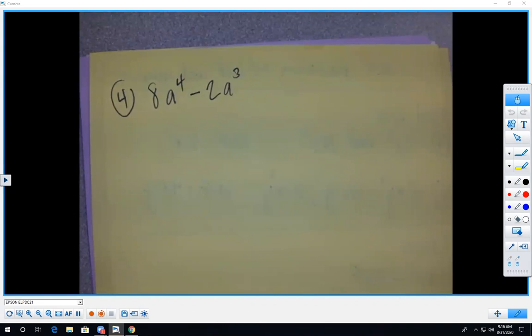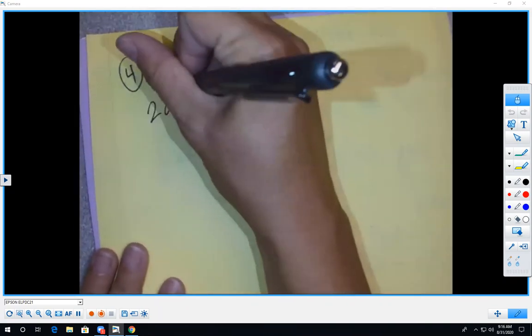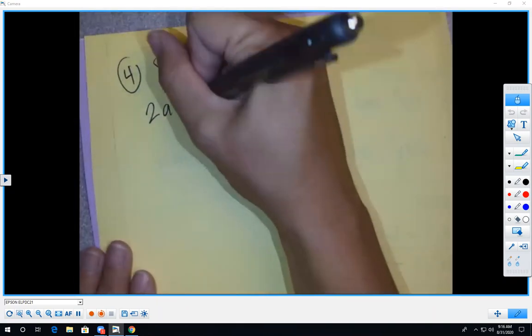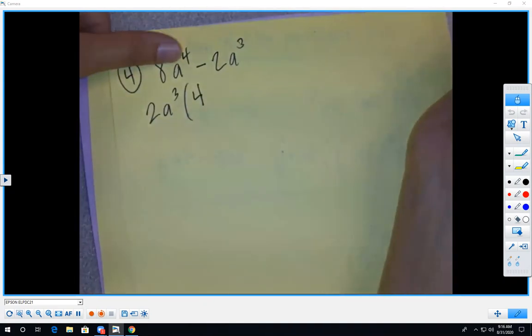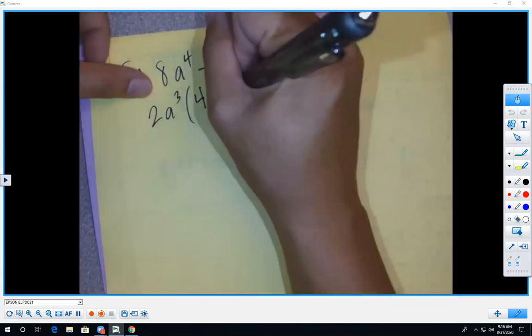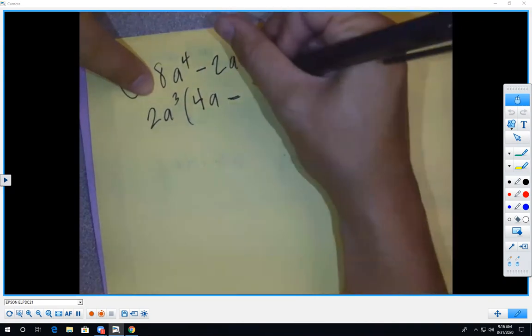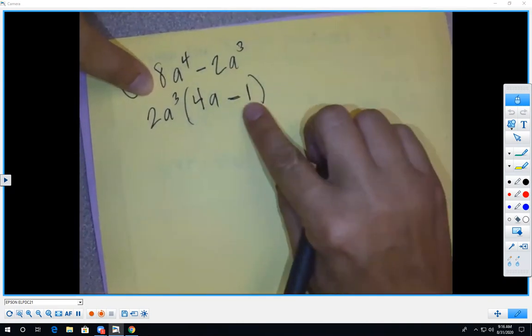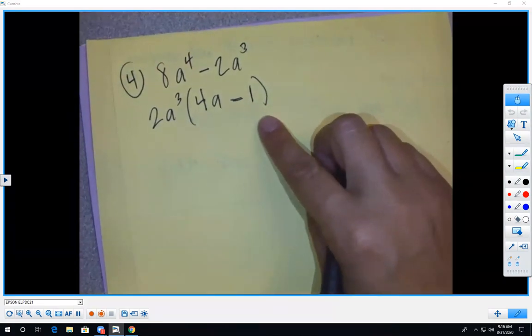Okay, what's the greatest common factor of 8a to the fourth and 2a to the third? 2a to the third. So when I divide it out, 8 divided by 2 is 4. A to the fourth divided by a to the third is just a. And then minus, 2a to the third divided by 2a to the third is 1. Lots of people forget that minus 1. They just want to put 4a in the parentheses. You got to put the 1 there if you take everything out.